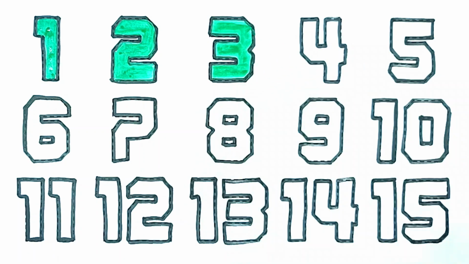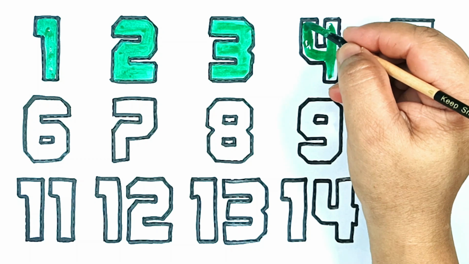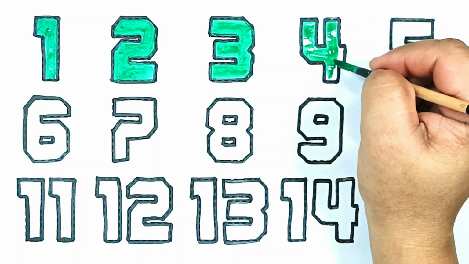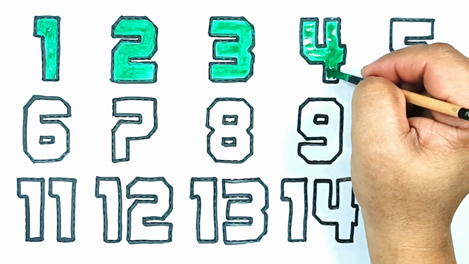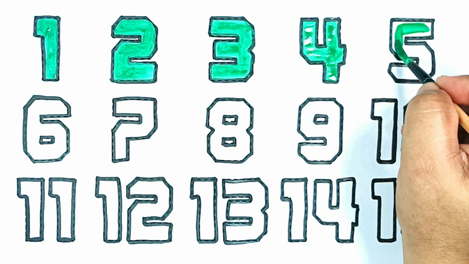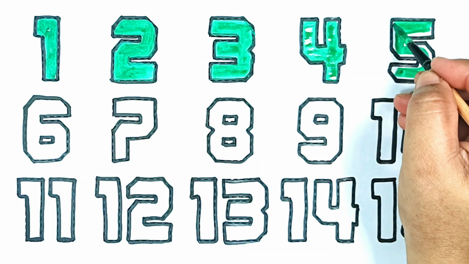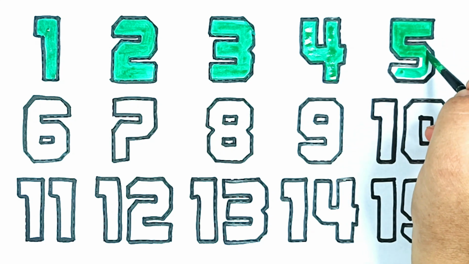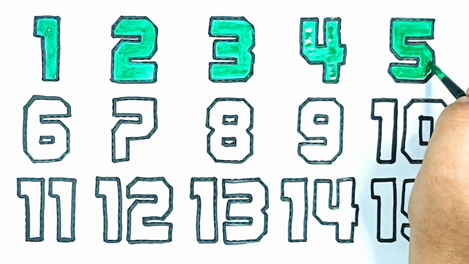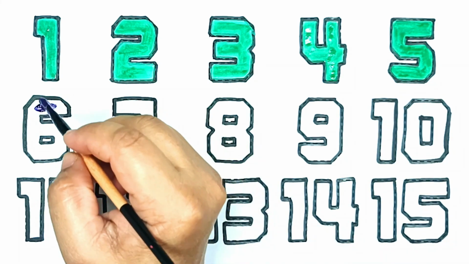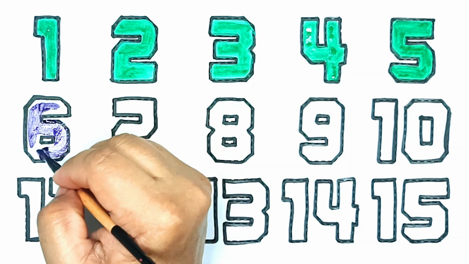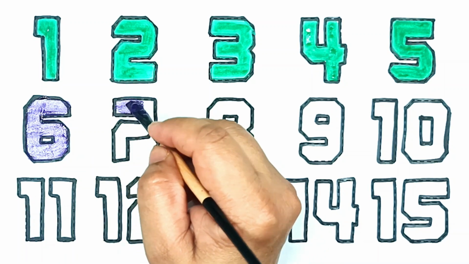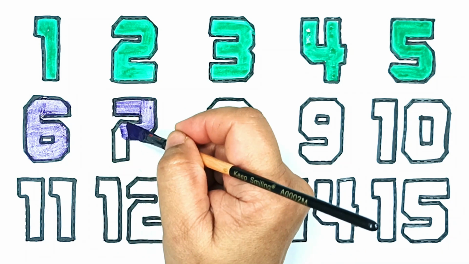There are 3 big cats. 4. 4 colorful balloons are flying. 5. 5 fingers on my hand. 6. 6 silly monkeys are playing. 7. 7 bright stars in the sky.